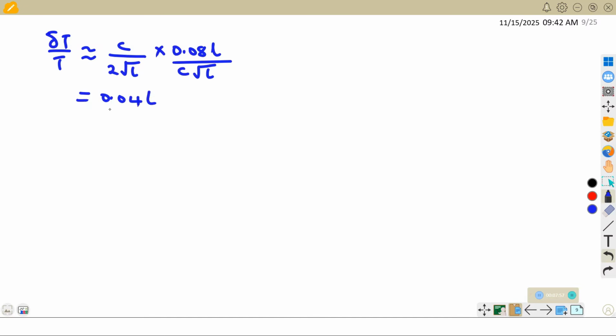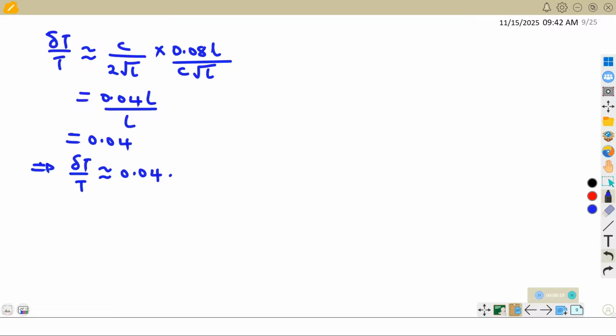Then L upon square root of L times square root of L will be L over L. So in other words, delta t over t is approximately equal to 0.04.